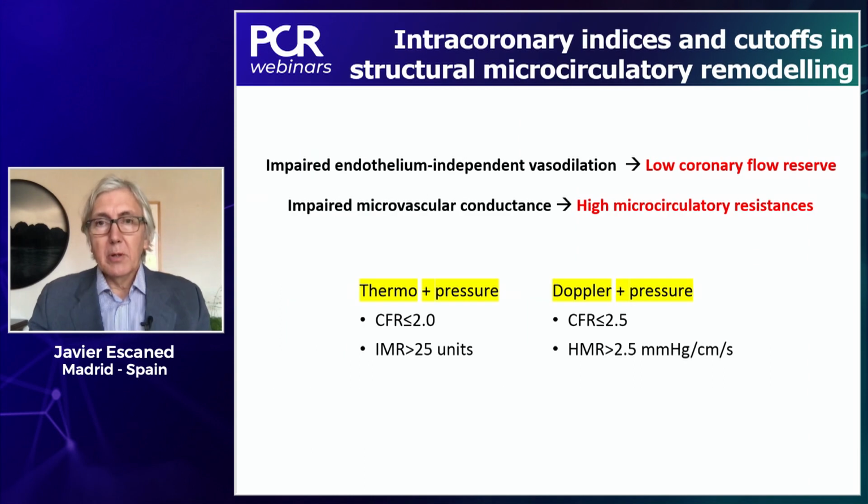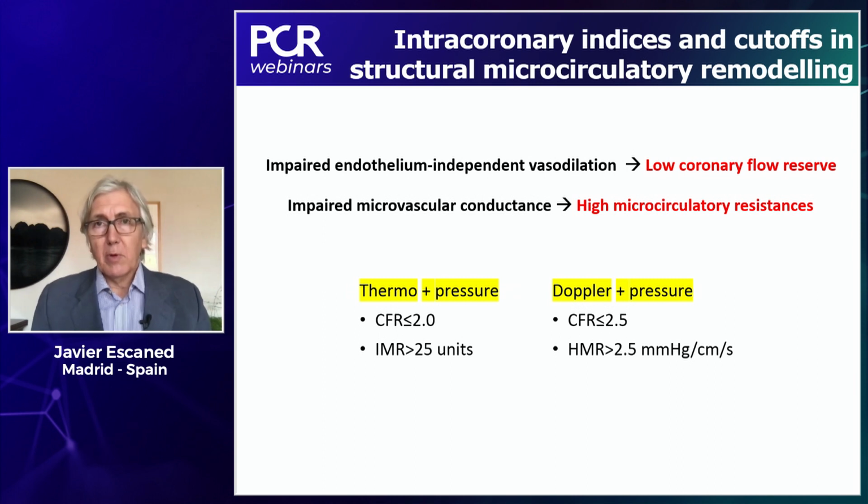And that is the reason why the two tests that we use to outline if there is microcirculatory remodeling in the left ventricle are, on one hand, coronary flow reserve, that of course is limited by the two mechanisms outlined before by Deepaka, and microcirculatory resistance.